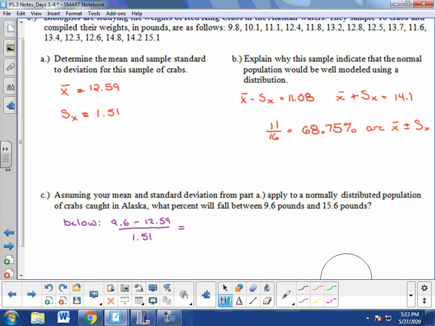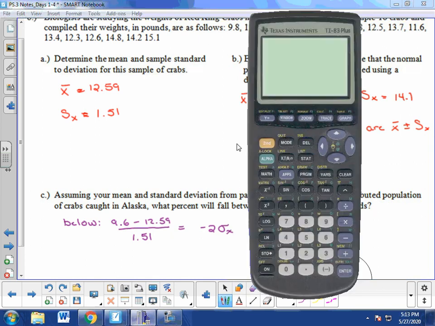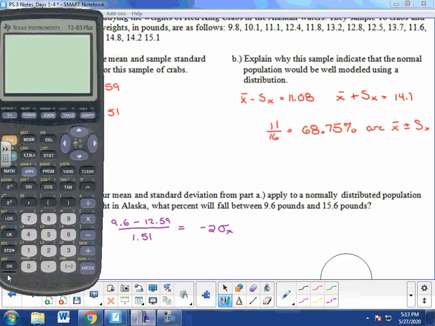As I do that, I come up with approximately two standard deviations below the mean. Again, we could do this all in the calculator: 9.6 minus 12.59 divided by 1.51, and we'd see that this is roughly 2. Again, I've been rounding some numbers, so that's why it's not quite exact, but it's approximately 2 standard deviations from the mean.